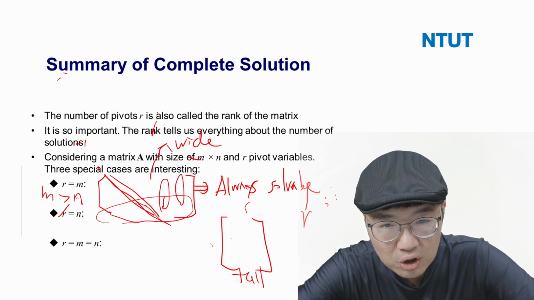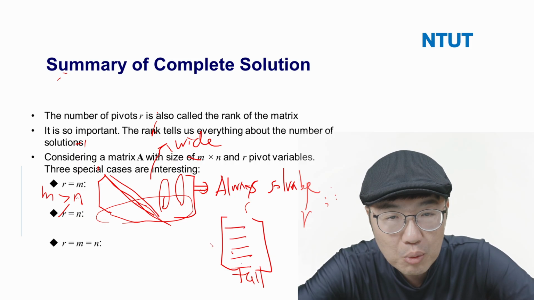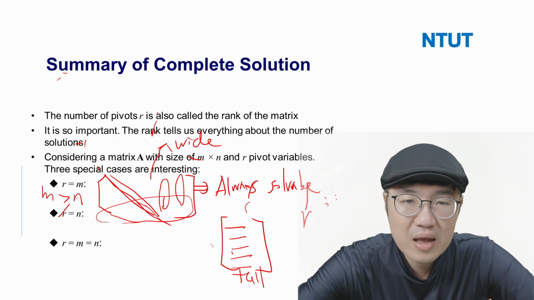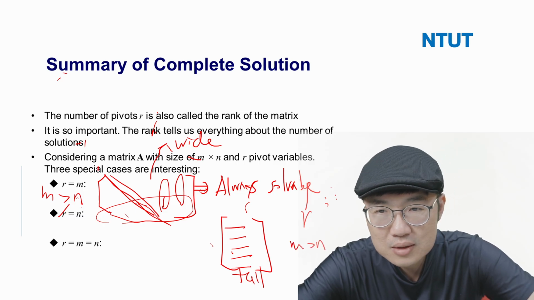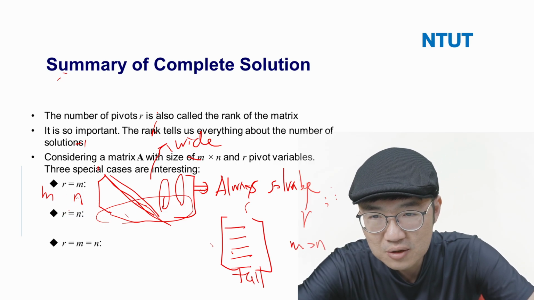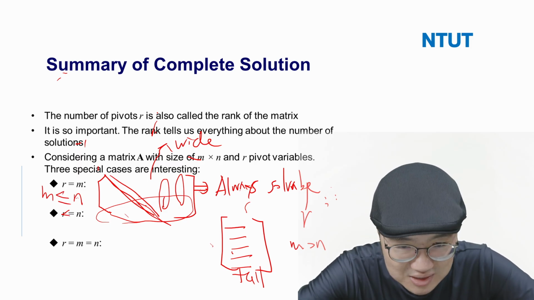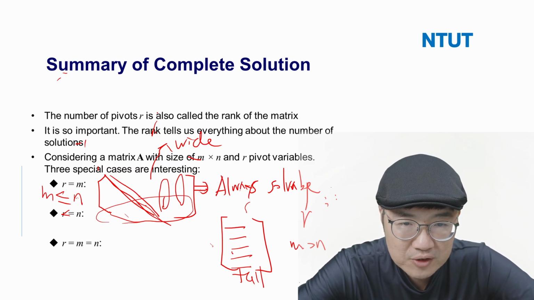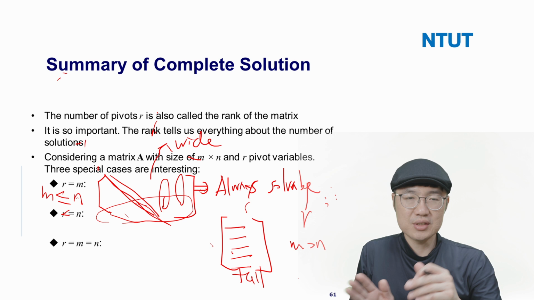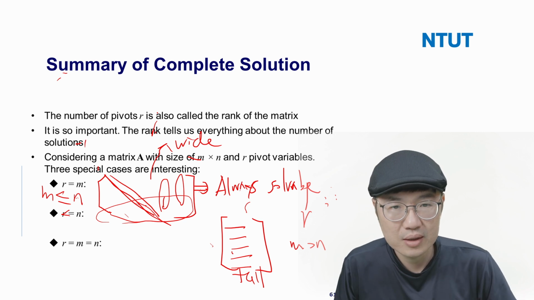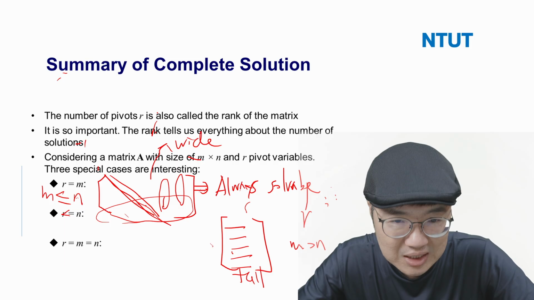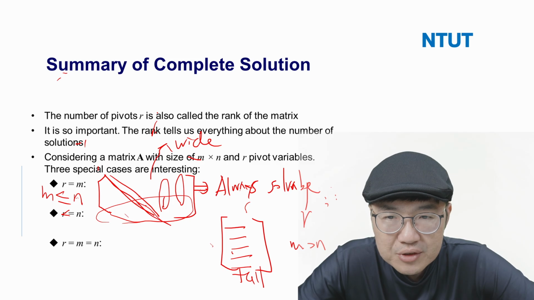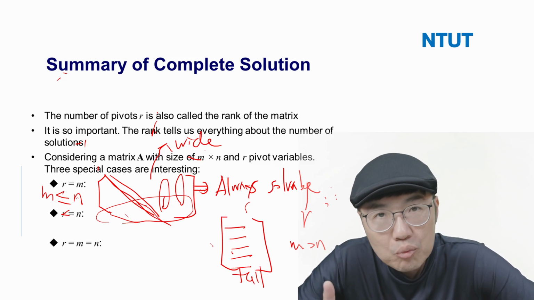So if it is a tall matrix where you have more rows than columns, how can R be M? M is greater than N. This is the case of M smaller than N. But considering a tall matrix, the number of rows is greater than the number of columns. When R reaches N, it must stop. R cannot be scaled up to M. So the R equals M scenario should be limited to only wide matrices.